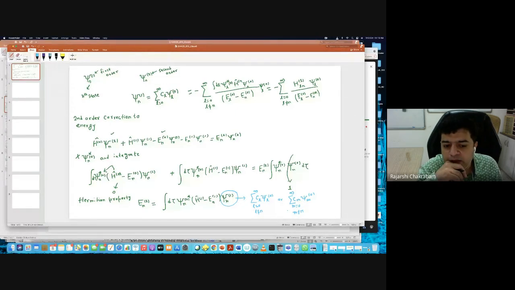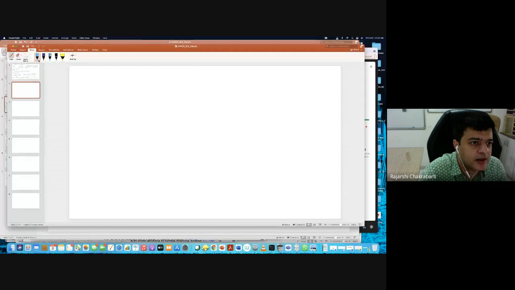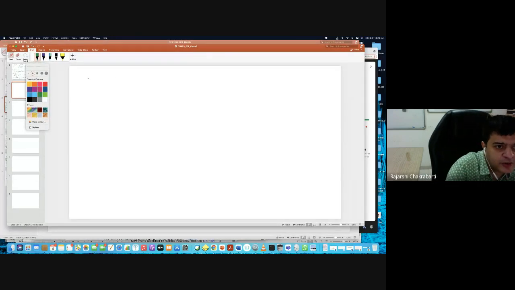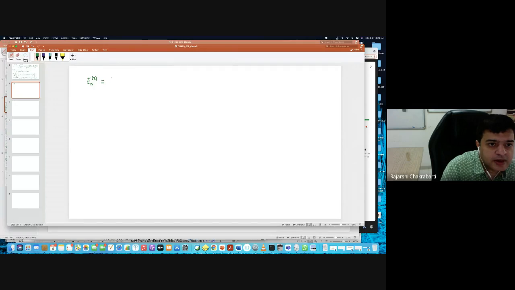This is your EN2. Whatever you want, L or M. So now I go back and replace this expression. My expression is now going to be EN2 given by the integral d tau, because I had multiplied this with psi n0 star, and you had this H1 minus En1.